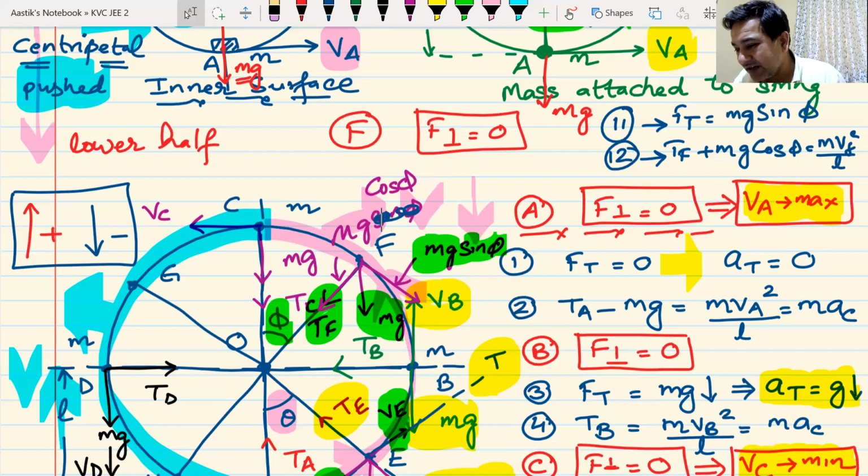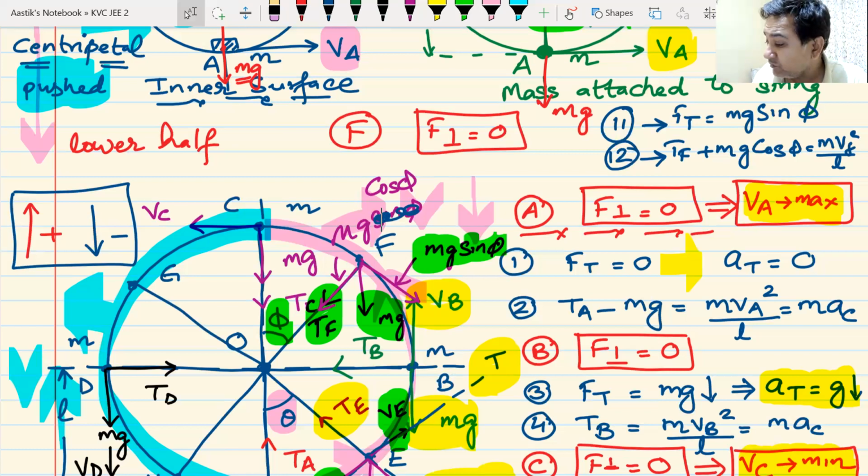So what is the other thing that we are concerned about at all the points? Apart from speed, what is the other physical quantity that we must know or must be analyzing? That is tension in the string, which is making it move in a circular path.